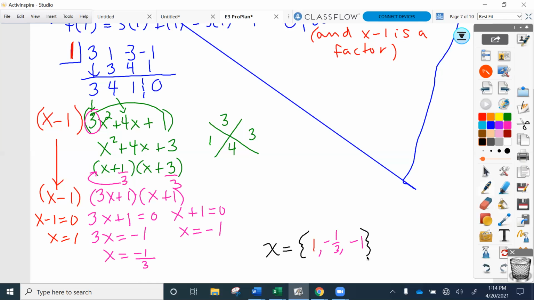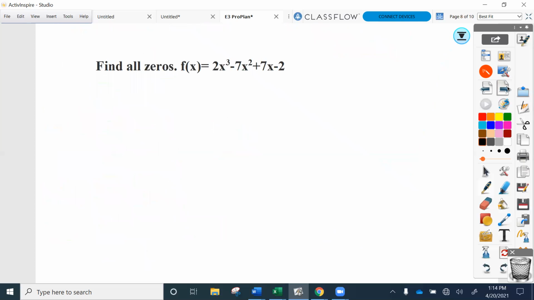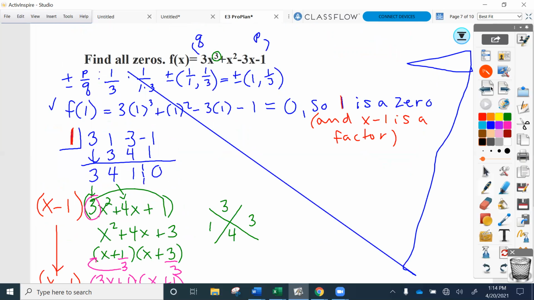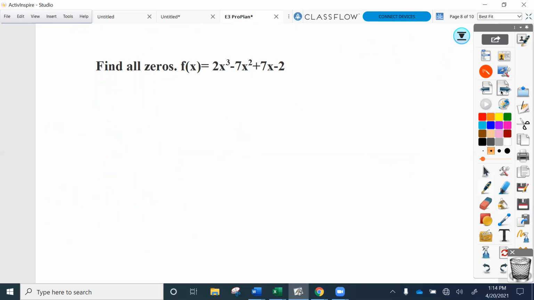All right, a couple more. Okay, find all zeros. So let's start with our P and Q. P is here, it's 2.